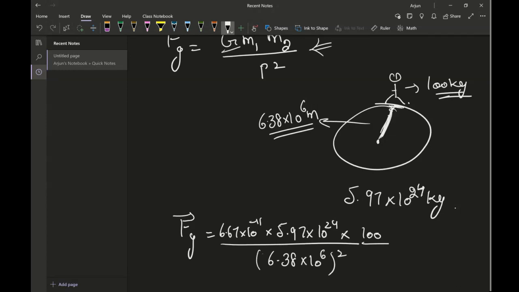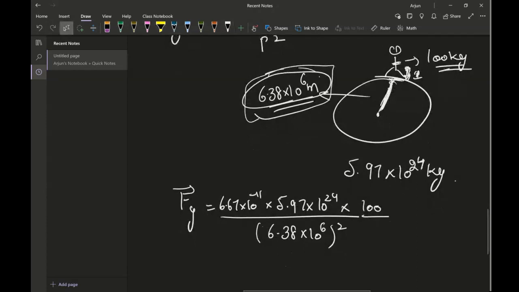Notice I could have taken the distance from the center of myself also, but that is very small. 1 meter is almost nothing in front of this distance, so it's not going to make much of a difference. Although in the diagram it looks very big, this is just 1 meter and this distance is 6.38 times 10 raised to the power 6 meters.